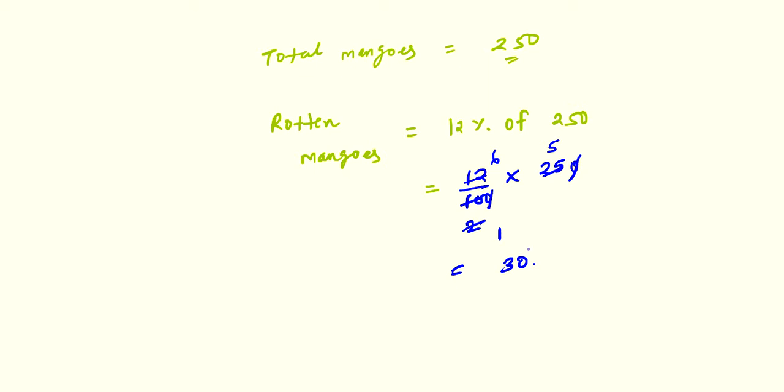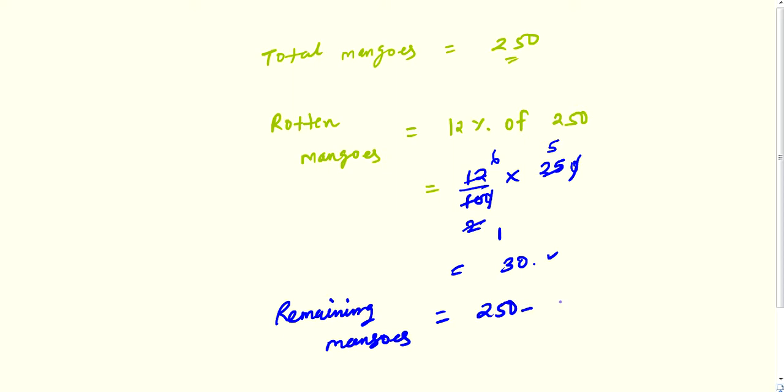So these 30 are not in use because we can't eat rotten mangoes. So we will subtract these rotten mangoes from total mangoes. The remaining mangoes equal 250 total minus 30 rotten. So the remaining mangoes are 220, which are in fresh condition.